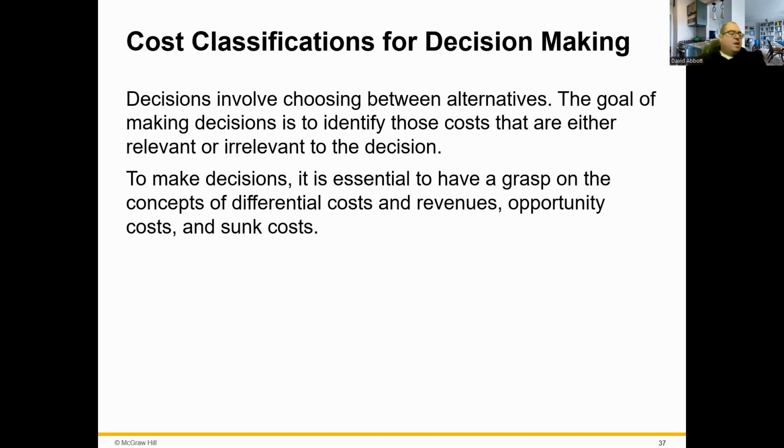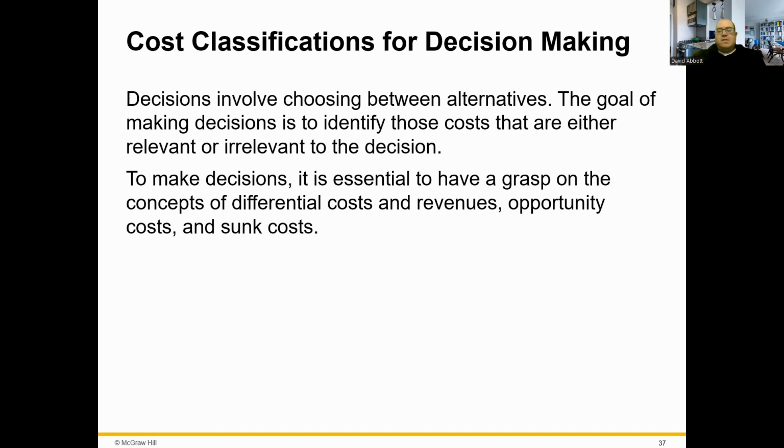Okay, so costs and how this works for decision making. We'll talk about how you make a decision if it involves choosing between two different alternatives. The goal of making decisions is to identify those costs that would be either relevant or irrelevant to the decision.